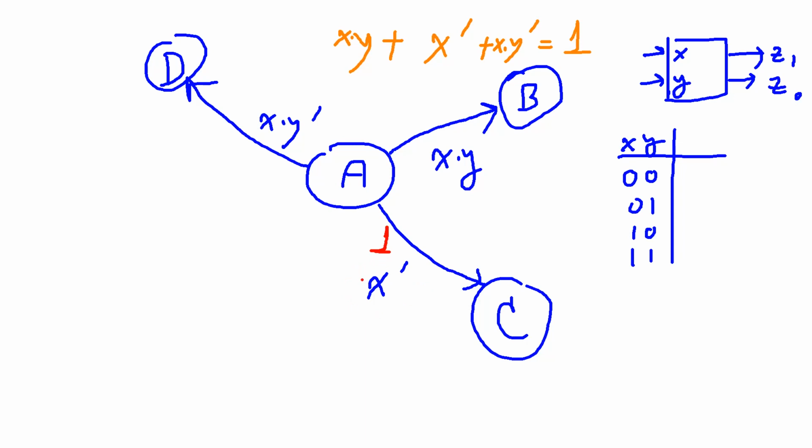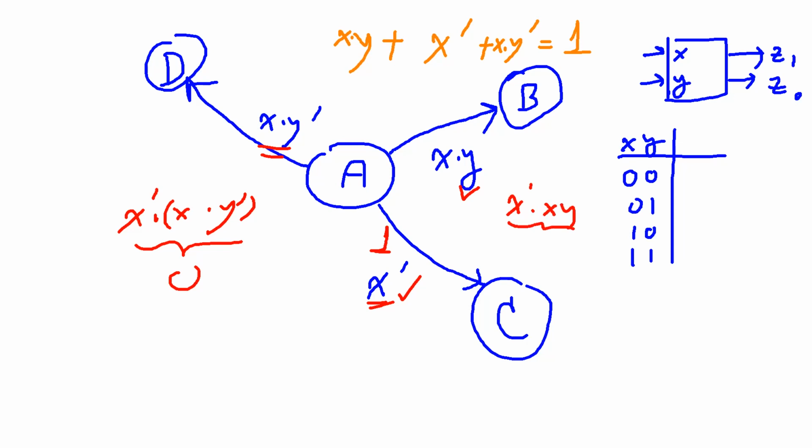That means if I AND this condition and this condition, X prime and X and Y prime, it's 0, or check this and this, X prime and X and Y, it's 0, right?